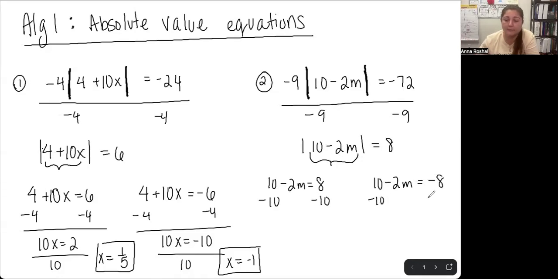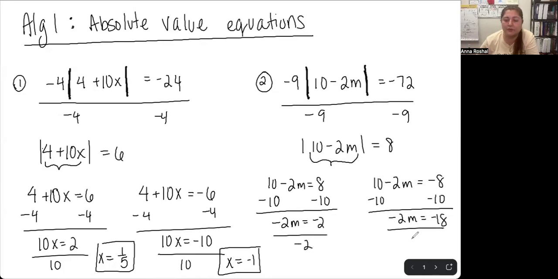Actually, I can do the same step all the way through the entire process. So I'll end up with -2m equals -2, and -2m equals -18. Divide everything by -2. I end up with m equals 1 and 9. 1 for here, 9 for here.